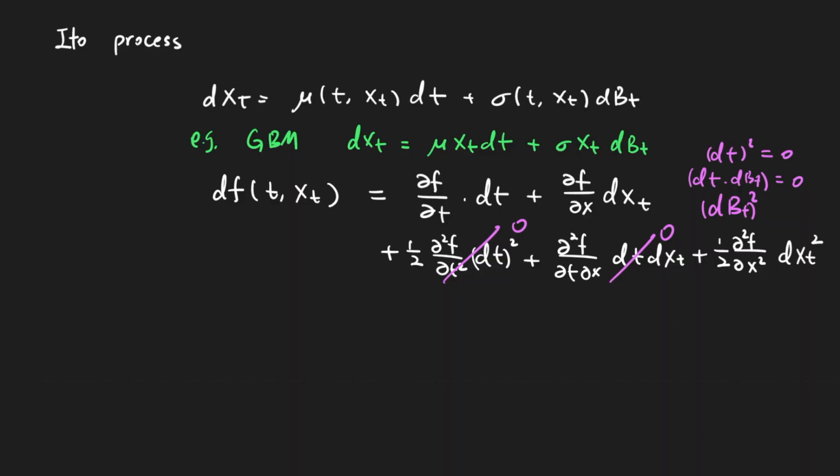The dxt squared will equal mu squared dt squared plus 2 times mu sigma dt dbt plus sigma squared dbt squared. And the first two terms are not going to survive, so all we have is just sigma squared times dt.